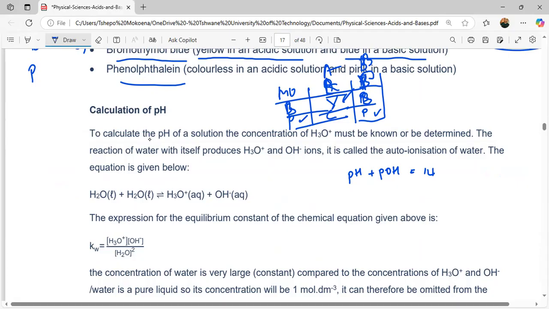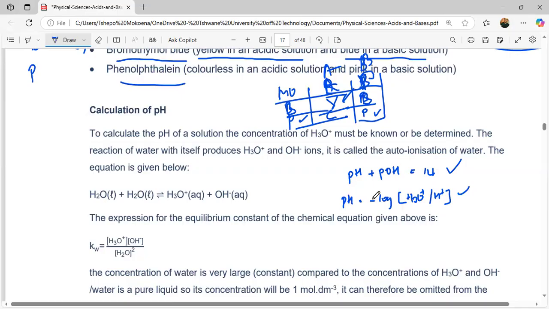And then there is another formula like this: negative log. You can have the H3O plus ion, or you can have the H plus ion. This formula helps you to calculate pH and the concentration. But the first one is only for pH. This one is flexible. You either calculate the pH or you calculate the concentration. If they give you concentration, you calculate pH. If they give you pH, you calculate concentration.